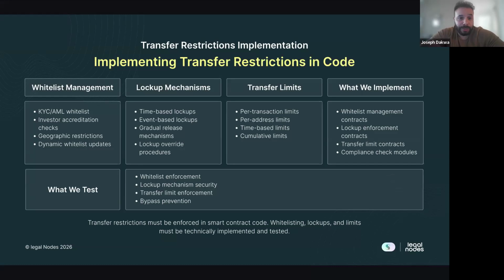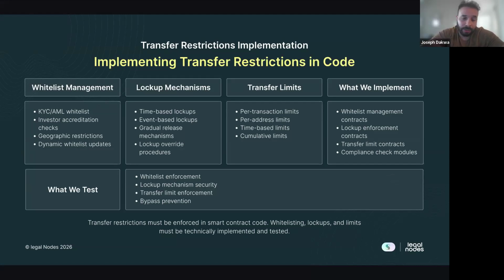And then, of course, if you want to implement transfer limits, you can do so as well. So transferring rights or tokens to other people within your platform. If you want to facilitate that, you can and you should be able to do that. From a security perspective, you want to make sure that it's time-based and there are limits involved per address as well, because people might try and game the system by having multiple addresses.